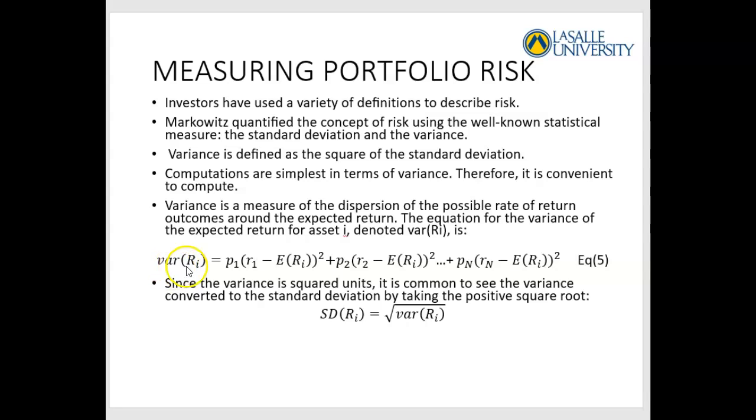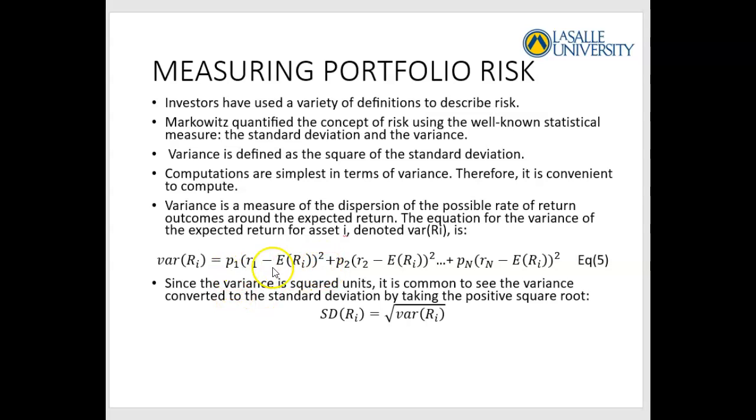And because variance measures the dispersion around the expected value or the mean, you'll see that in the formula that helps us calculate variance, we're using the probability multiplied by the difference between the individual return value and the expected value, squared.